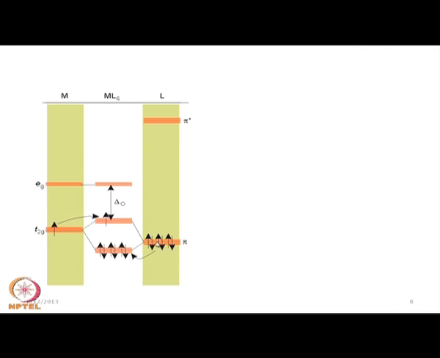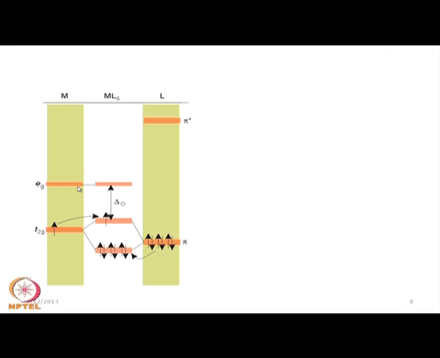Earlier, when we were talking about the transitions for sigma type interactions, this T2g remained as the non-bonding level, and this non-bonding level was utilized only for electron density transfer from this non-bonding level to the Eg star level.